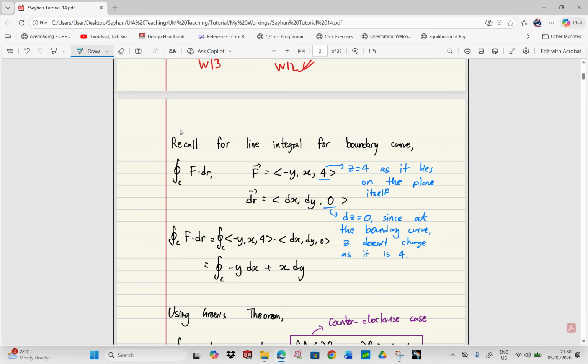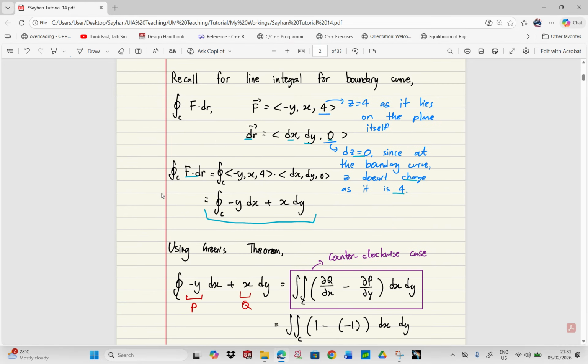Then my dr is just dx, dy, and 0, because at the boundary curve z does not change, it's a constant 4. So if you do the dot product between F and dr, you end up with negative y dx plus x dy.